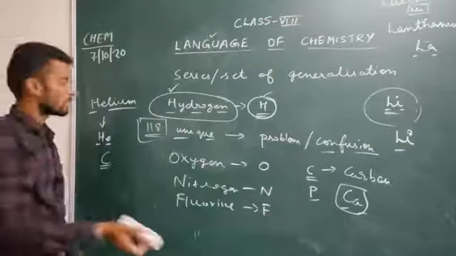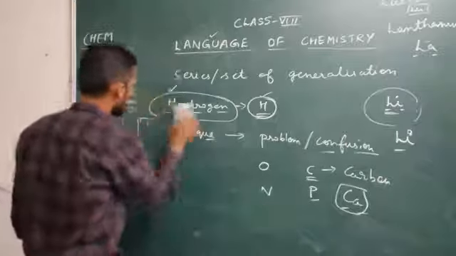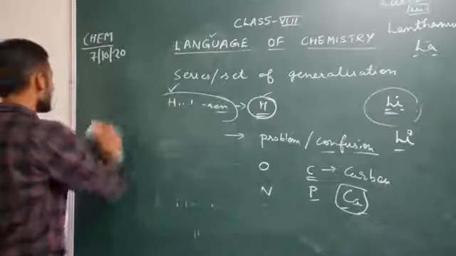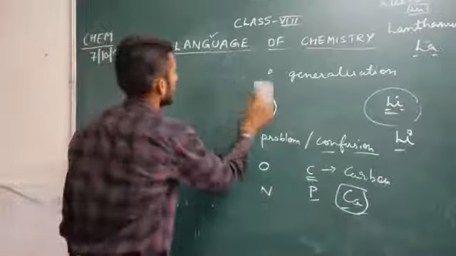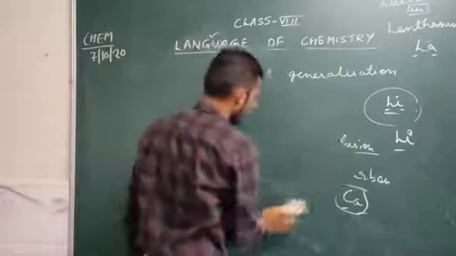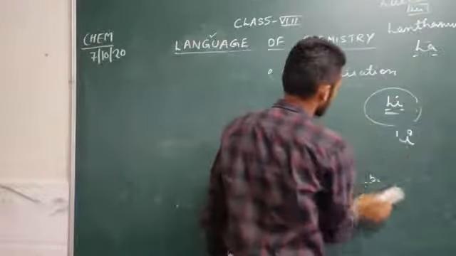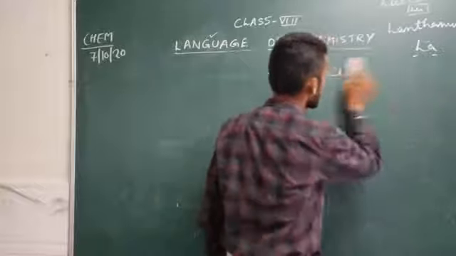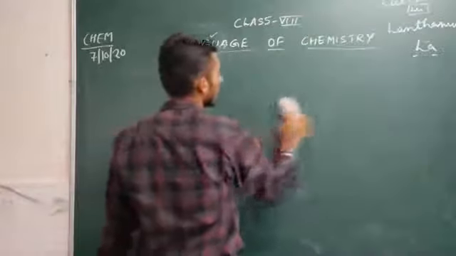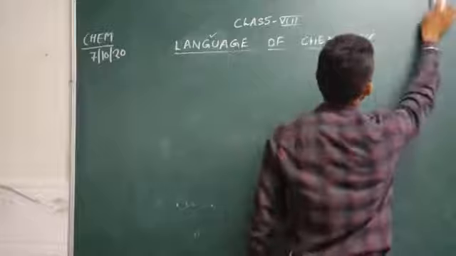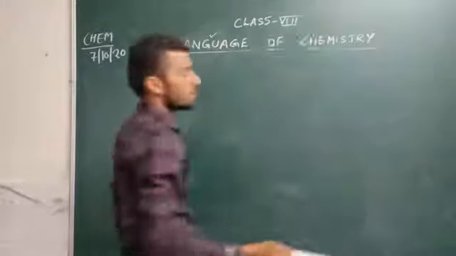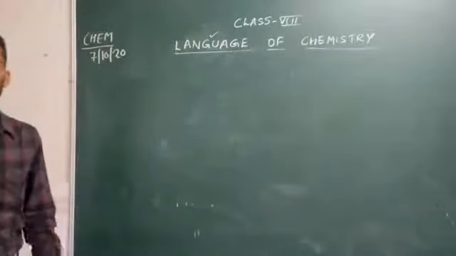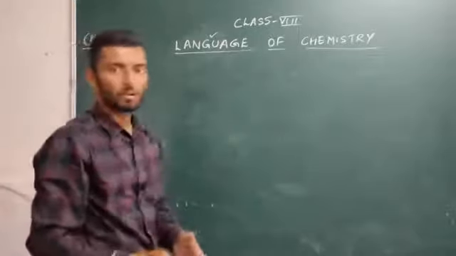There is another particular way of naming the elements. Earlier, the English language was not accepted, or we can say it was not very widespread during primitive times. So during that time, the Latin or Greek languages were more prominent.